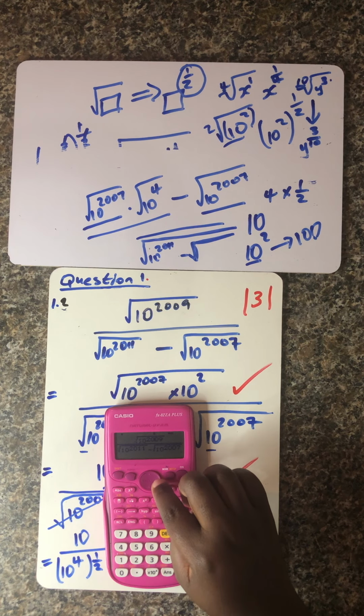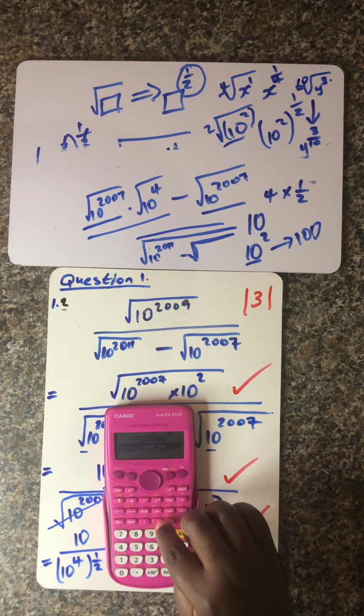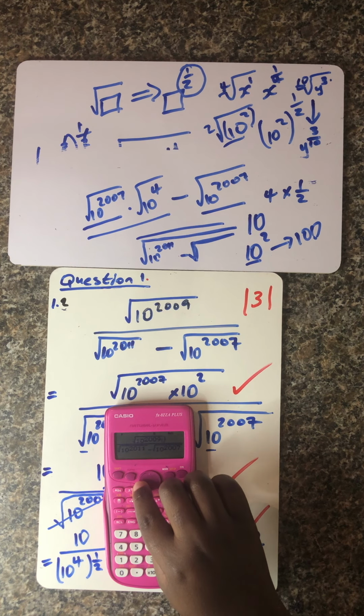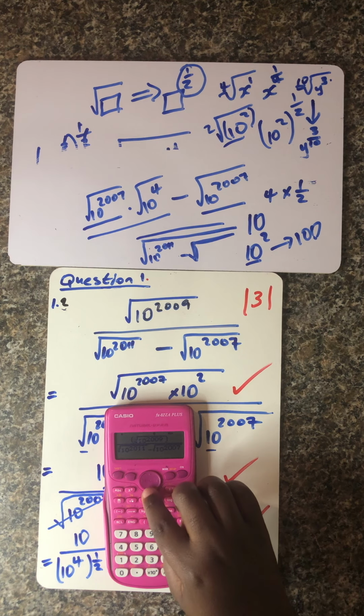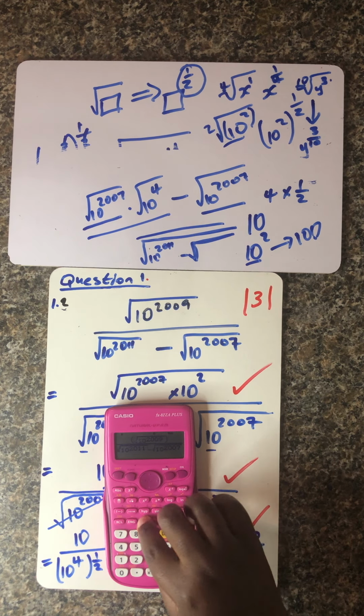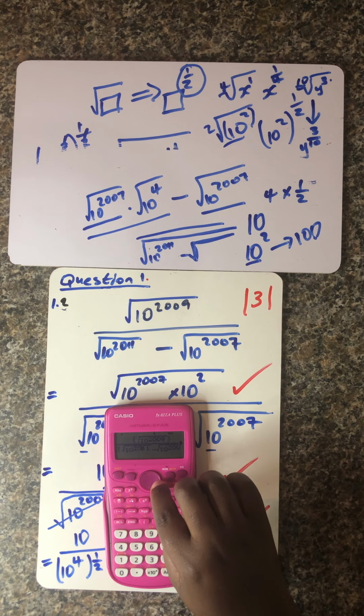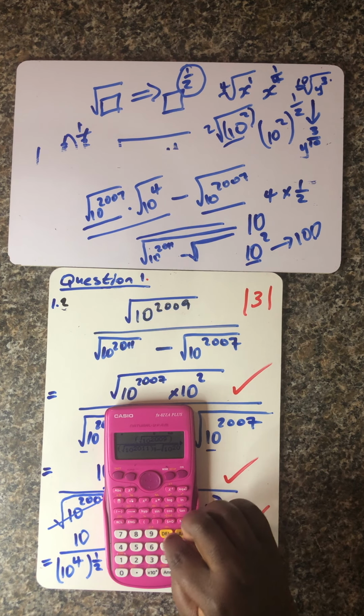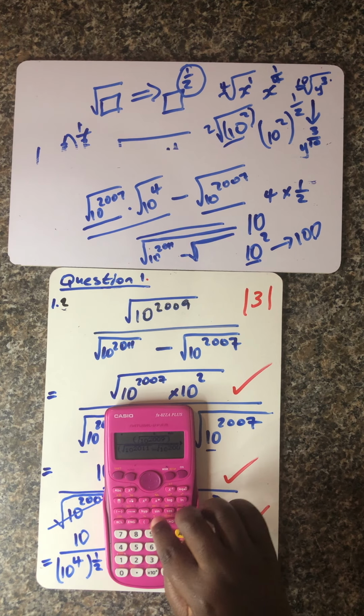Let me just put in everything inside the brackets. So, into, okay, then on that side I say into, then I come down into, then I do the same over there and put it inside the brackets.